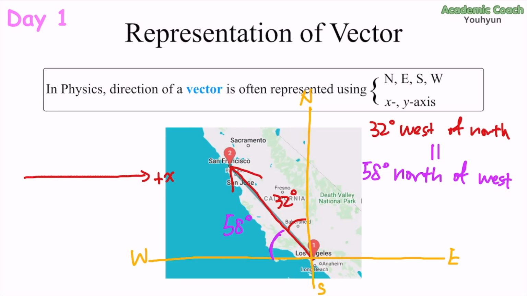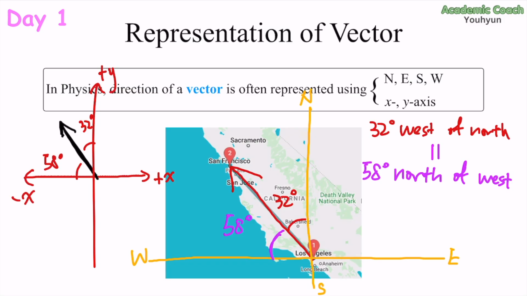So if this is the vector that I'm talking about, and this is 32 degrees, and this is 58 degrees, then we can say that this vector points at the direction that is 58 degrees above negative x-axis. And this means that I'm going to take negative x-axis, horizontally to the left, as a reference frame, and then I'm going to move above that, which is in the clockwise direction, by 58 degrees.